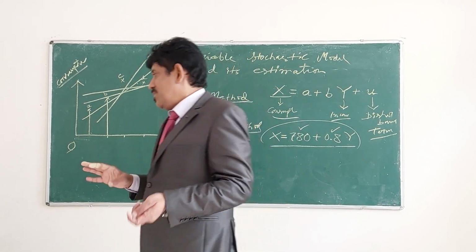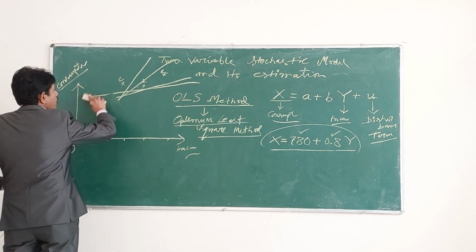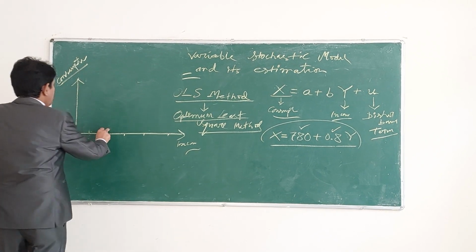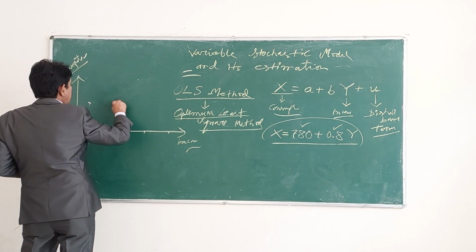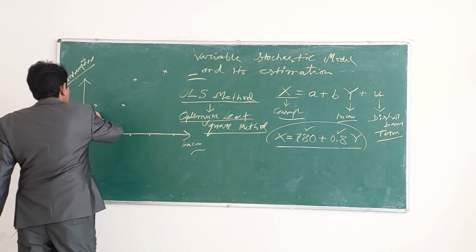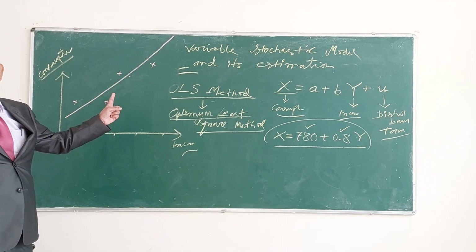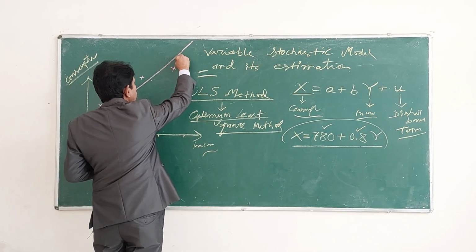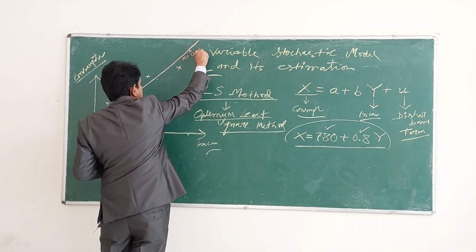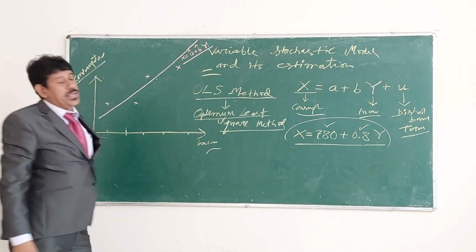What are deviations? That question now arises. Very simple. Nothing to be bothered about. So, let us suppose these are the data. Now, we assume that this is the line of best fit, which is x is equal to a cap plus b cap y.